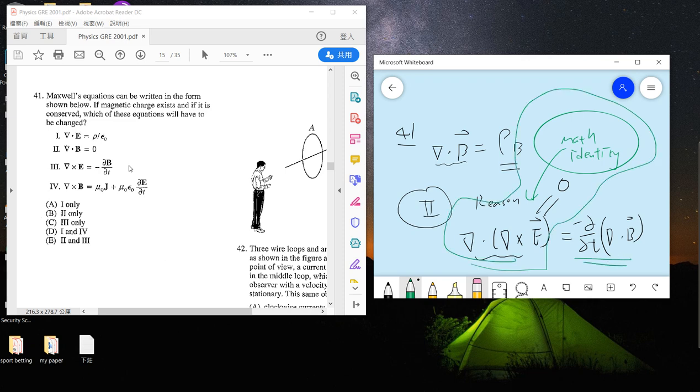Originally, if you do not have rho B, then the right hand side is 0. But now the right hand side is non-zero. So if 2 is correct, then 3 must be changed. Otherwise, mathematically there is a conflict. So the answer is 2 and 3. Answer is E.